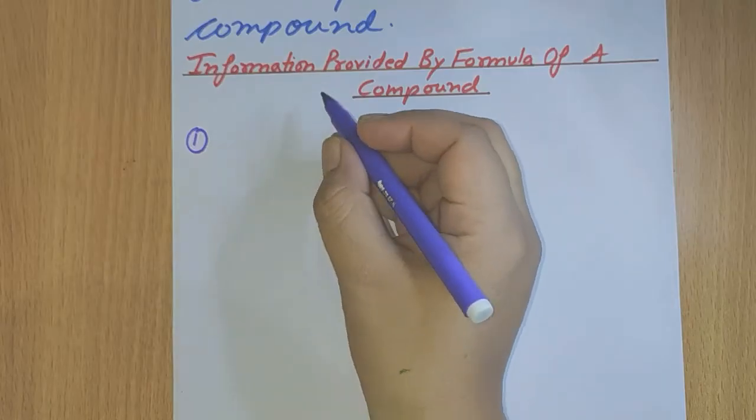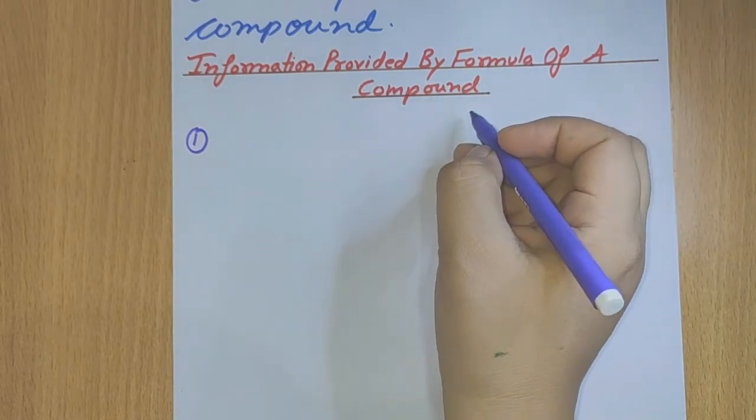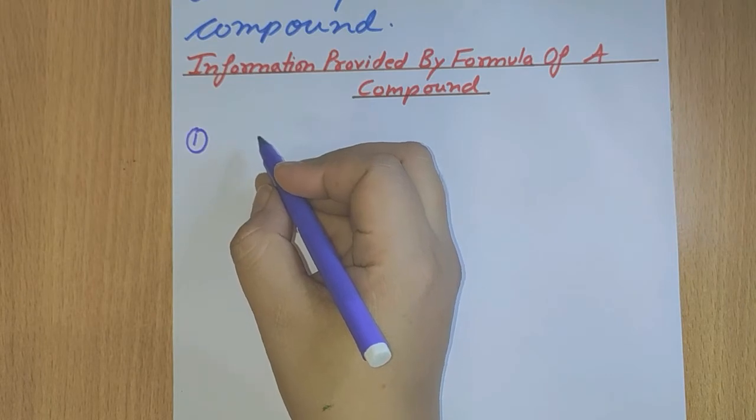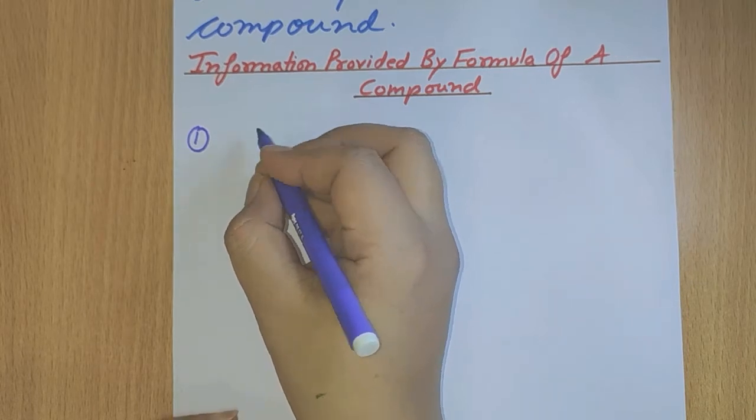Now covering information provided by the formula of a compound. First information, it states the types of elements present in the compound.